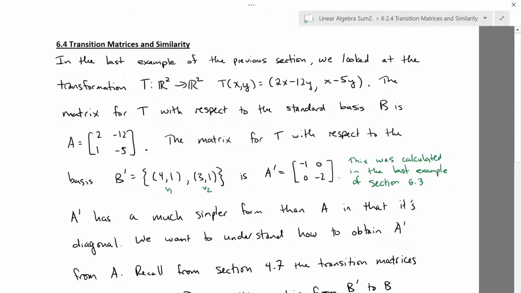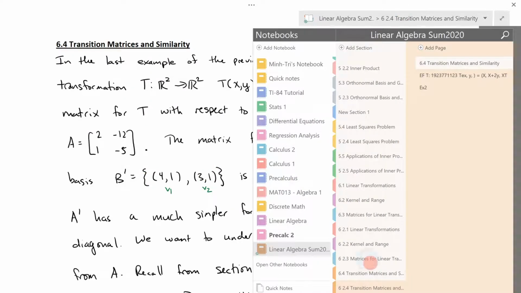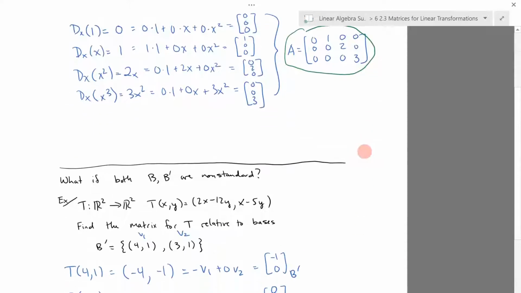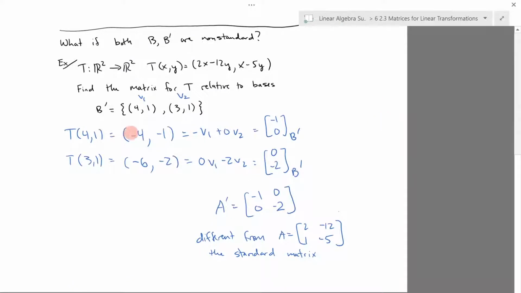However, if you go back and look at what we calculated for a non-standard basis, in the calculation here where we take this non-standard basis B prime, we calculated this matrix representation A prime.